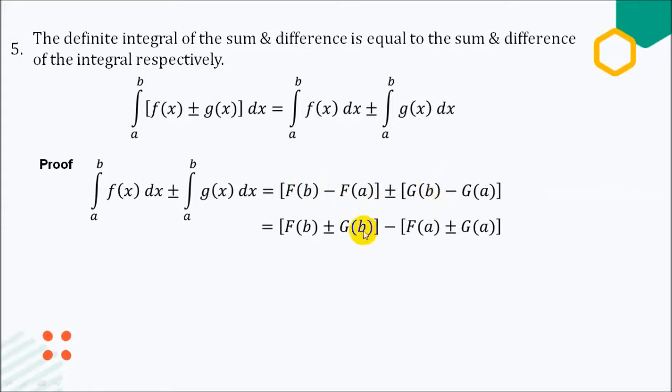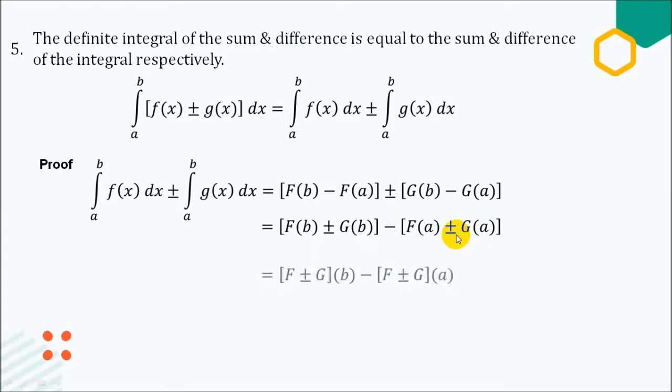So it is F(b) plus or minus G(b), and then we have the negative here. When we have the negative, we can take the negative in front of F(a) and G(a). We can also take the plus or minus, because we don't know whether this is positive or negative.